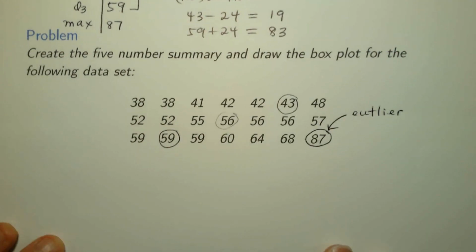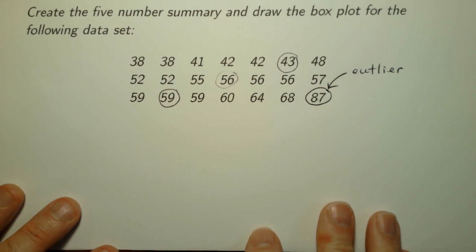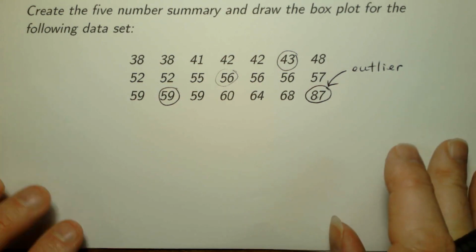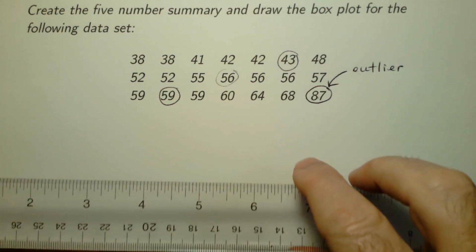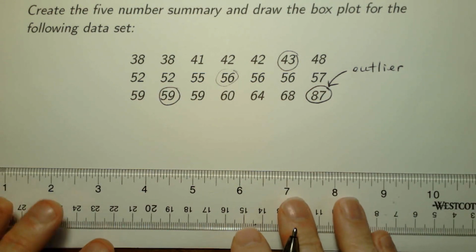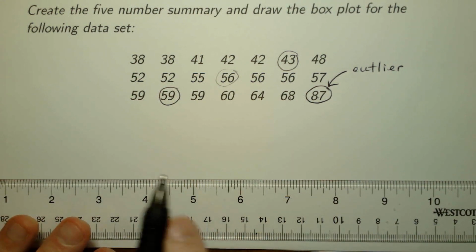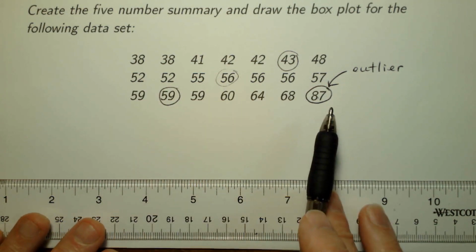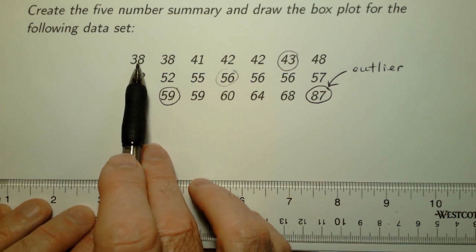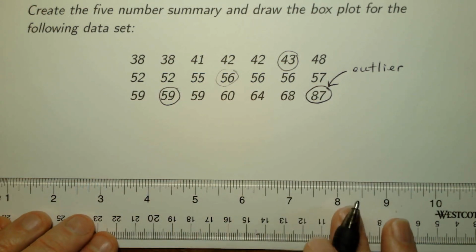All right, now, when we draw our box plot, we do want to be careful to try to draw it to scale. So I'm going to use a ruler here just to help me keep things lined up and drawn to scale. It helps to look at your data and realize where it's situated. So I have to incorporate values as small as 38 and as large as 87.